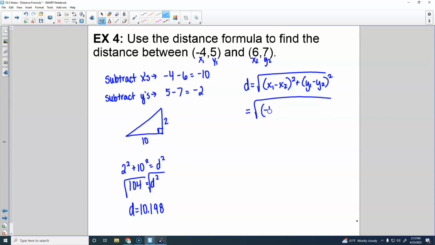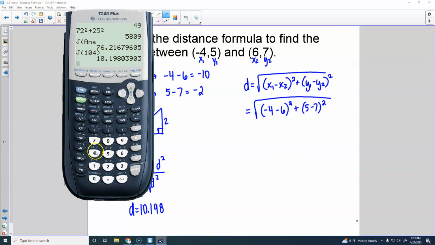So it'd be -4 minus 6 squared plus 5 minus 7 squared. And then you just type that baby into the calculator. -4 minus 6 squared plus 5 minus 7 squared. You've got to make sure you get your parentheses right. And you get the same answer, 10.198.